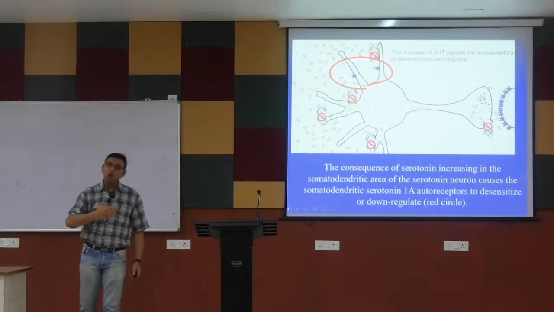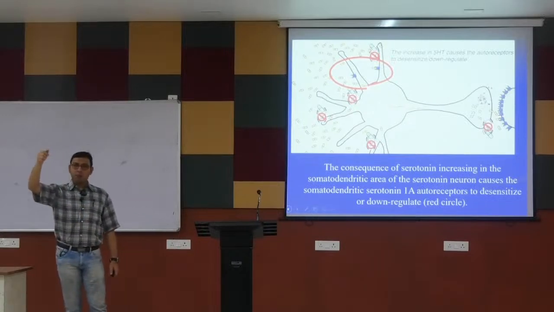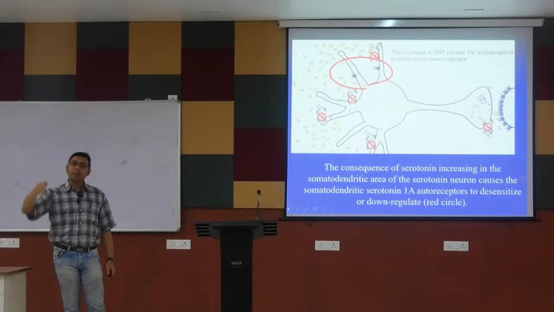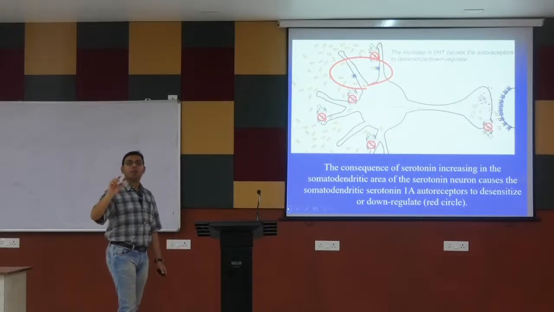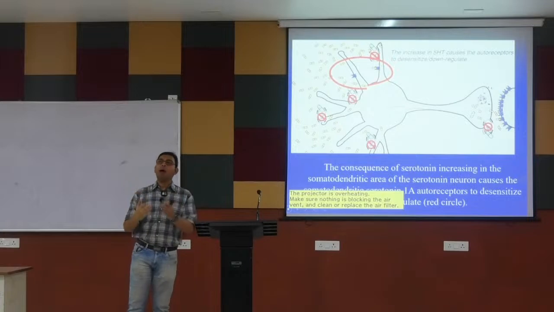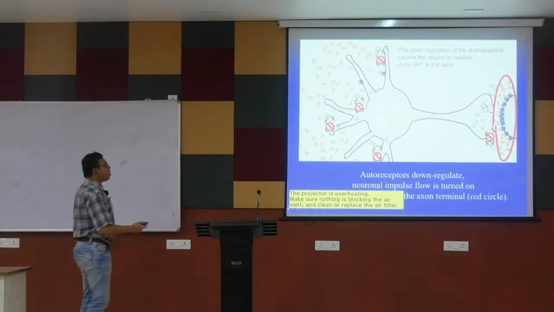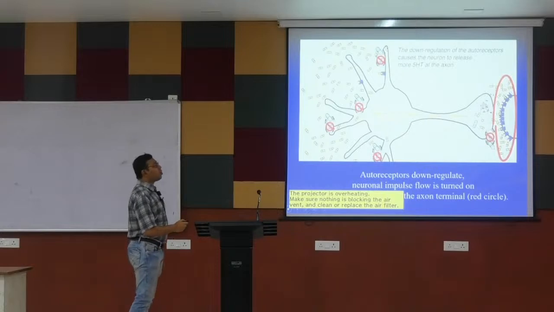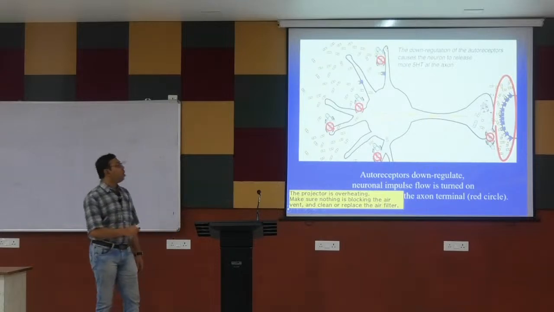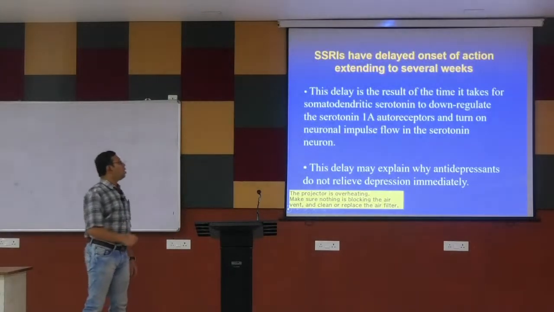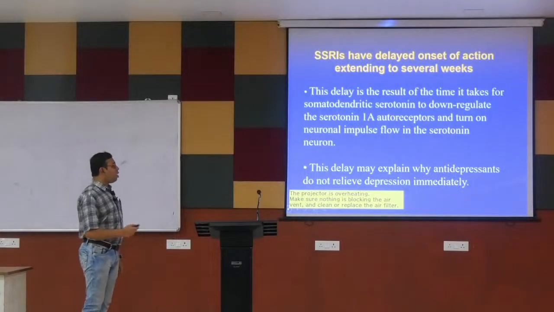If given for a long period of time, the receptors are desensitized or down-regulated. That is, fewer of these receptors are expressed. That's why there is more availability of this neurotransmitter in the synaptic cleft. The same thing, the down-regulation of the autoreceptor causes the neurons to release more 5-hydroxytryptamine. They have a delayed onset of action, as we have already seen.